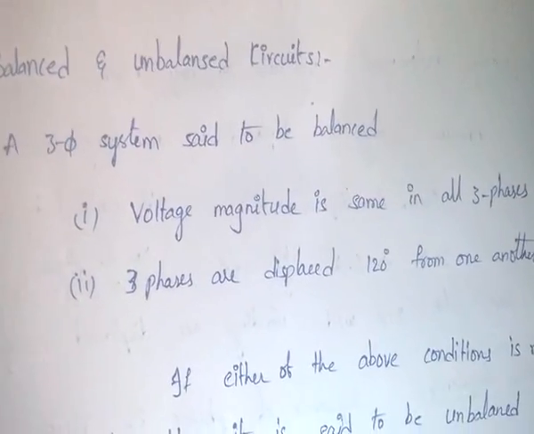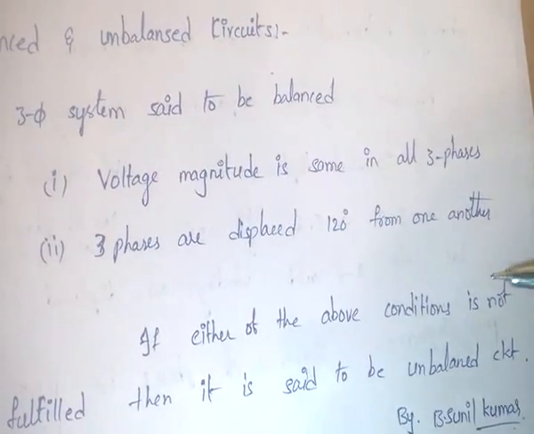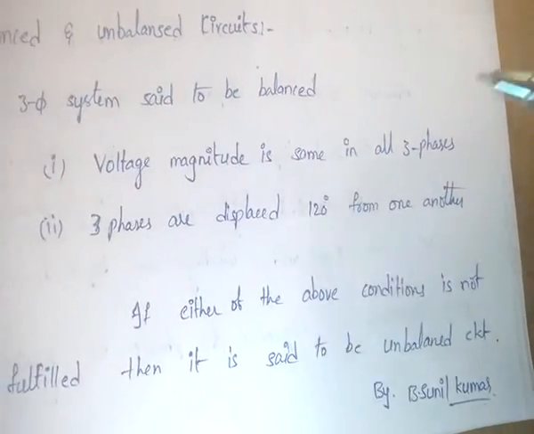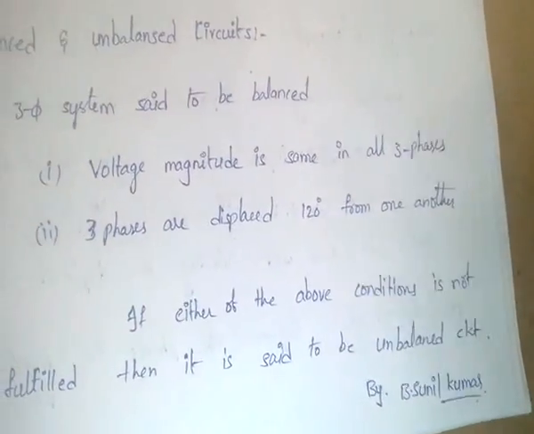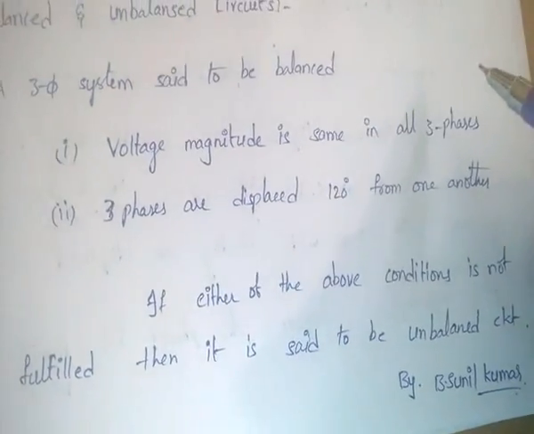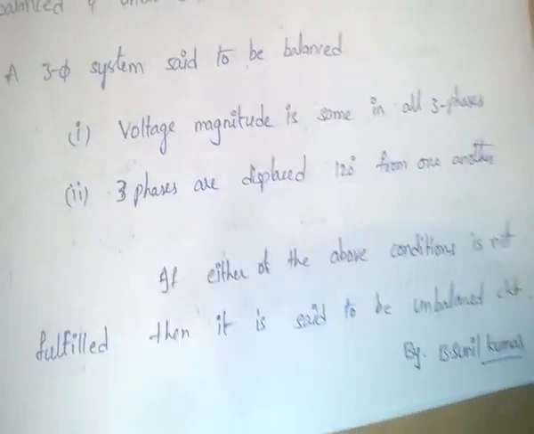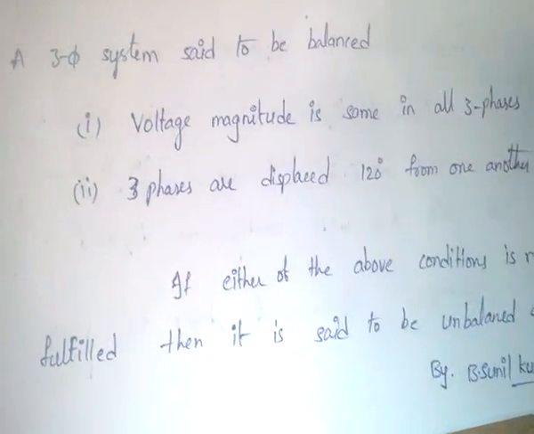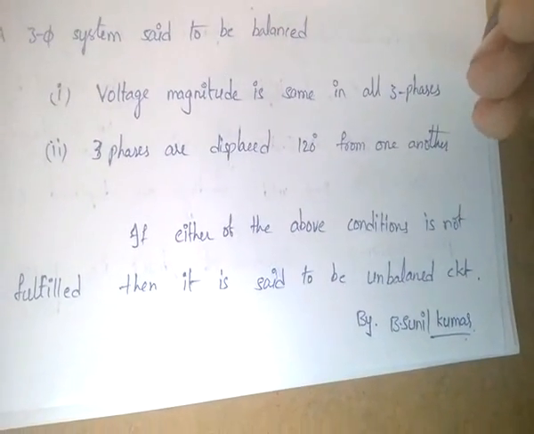And second, these three phases are displaced 120 degrees apart from one another. If any system follows these two points, then it is said to be a balanced circuit. Otherwise, it is said to be an unbalanced circuit.